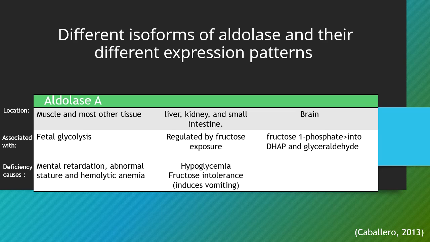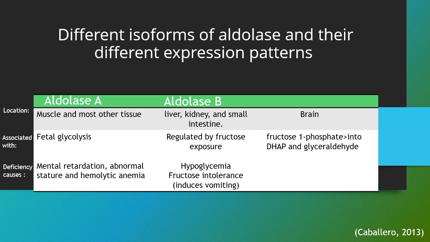For instance, aldolase A is located mostly in the muscle and other tissue. It's involved in fetal glycolysis, and a deficiency in it can cause mental retardation, abnormal stature, and hemolytic anemia. Aldolase B is found mostly in the liver, kidney, and small intestine.